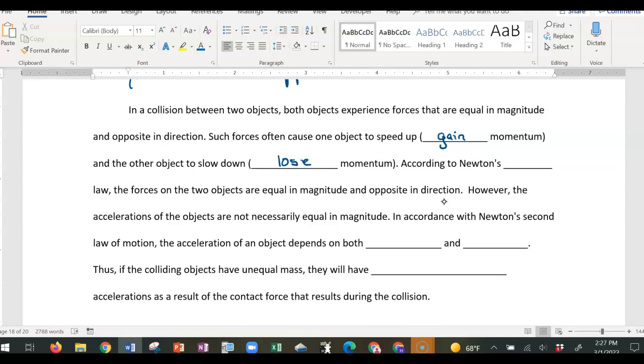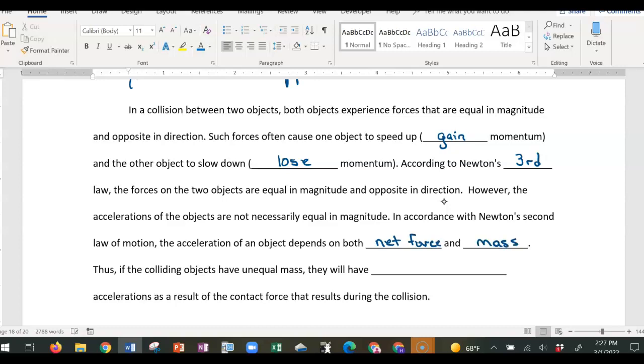According to Newton's third law, the forces on the two objects are equal in magnitude and opposite in direction. However, the accelerations of the objects are not necessarily equal in magnitude. In accordance with Newton's second law of motion, the acceleration of an object depends on both the net force and the mass of the object.